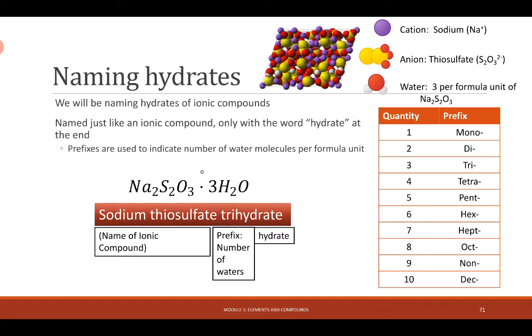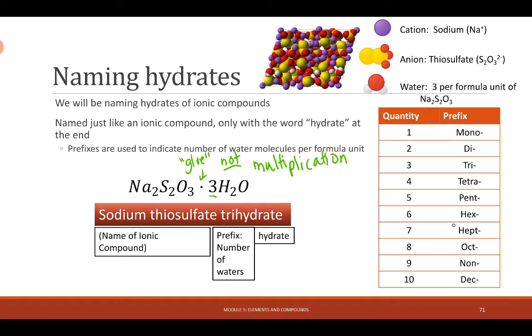Now we put a dot, which is like glue, not multiplication. So that's a little dab of glue there. And it's holding those water molecules to the ionic compounds. Now we have a number out in front to indicate the number of water molecules.